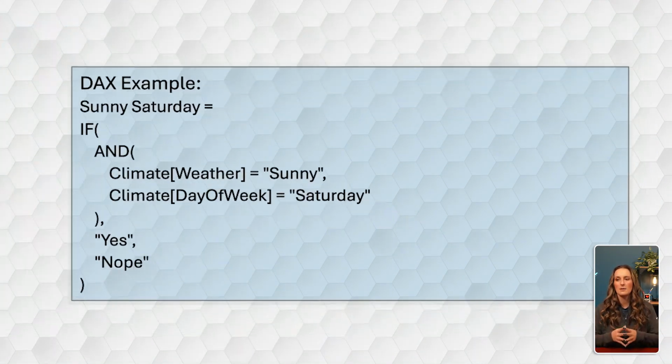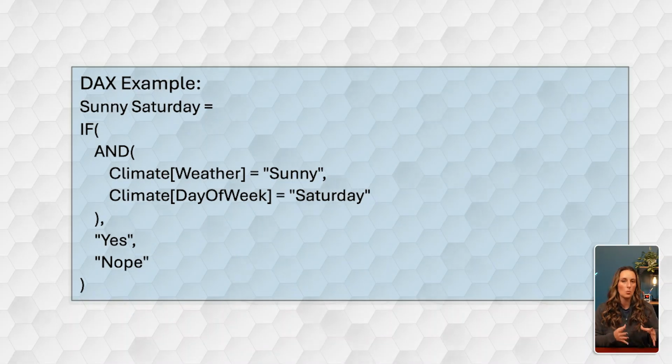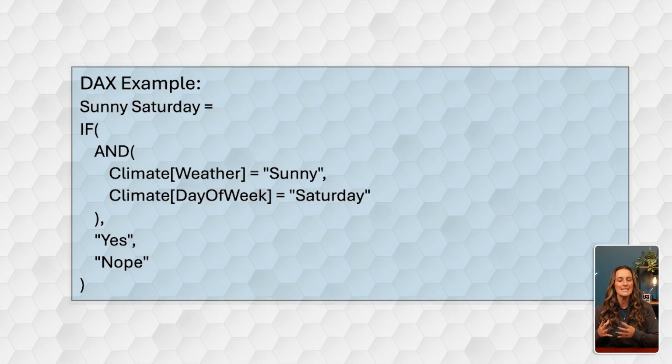Here I have an example called Sunny Saturday. I have combined this AND function with an IF statement. If our weather column says the word sunny, and our other column, days of the week, says Saturday, meaning both are true, it is going to put the word yes.